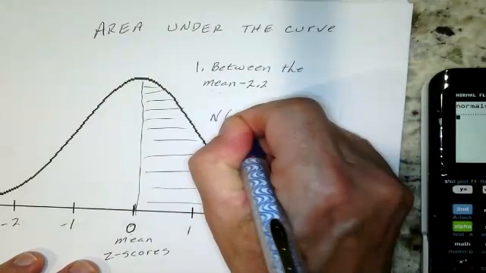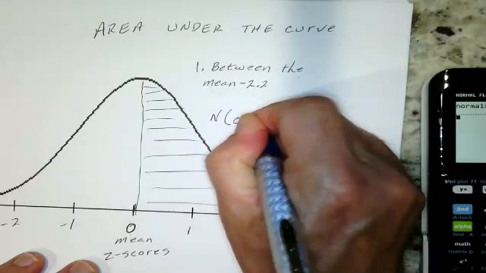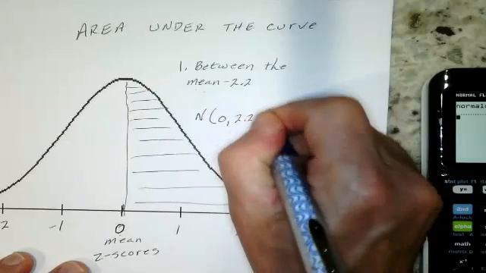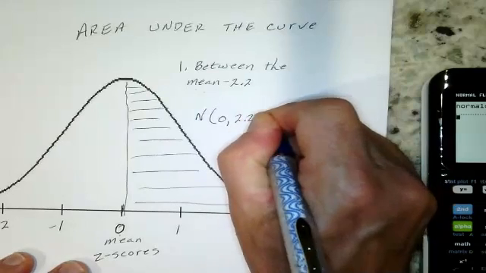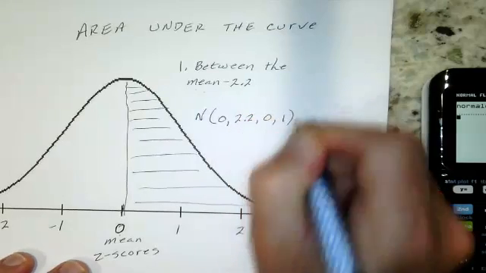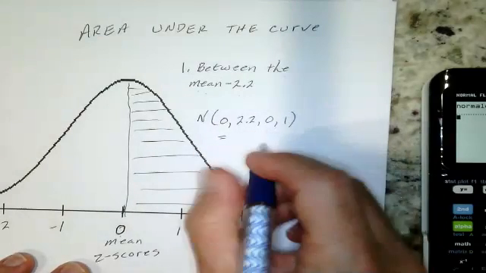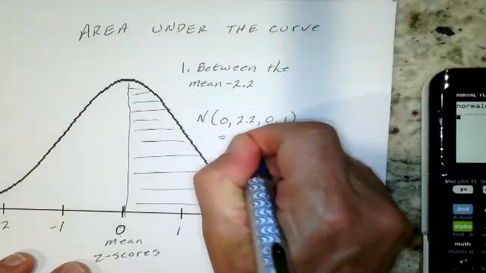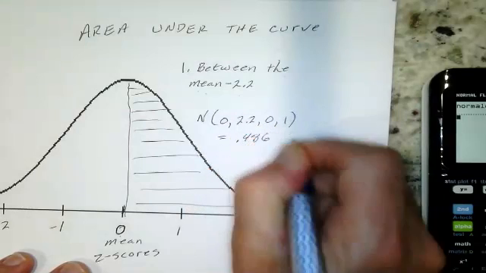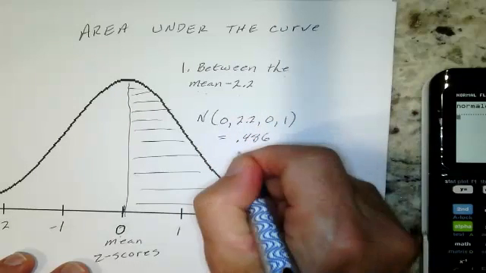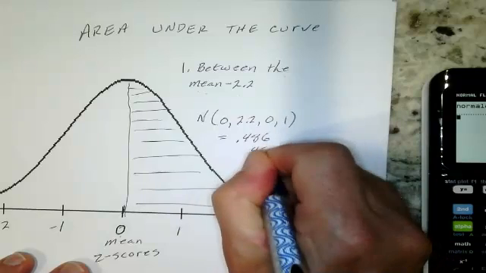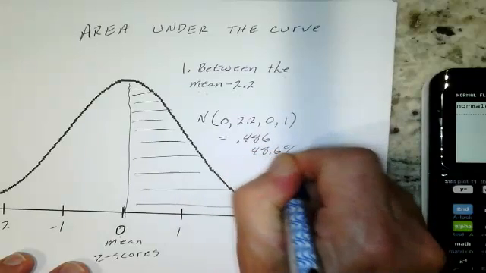So a normal model from 0 to 2.2, with a mean of 0 and a standard deviation of 1, is approximately 0.486, or 48.6%.